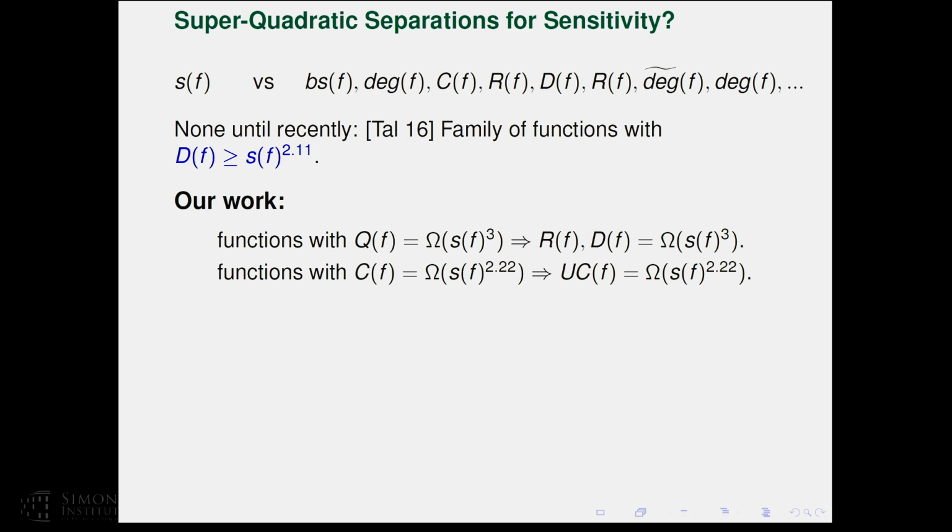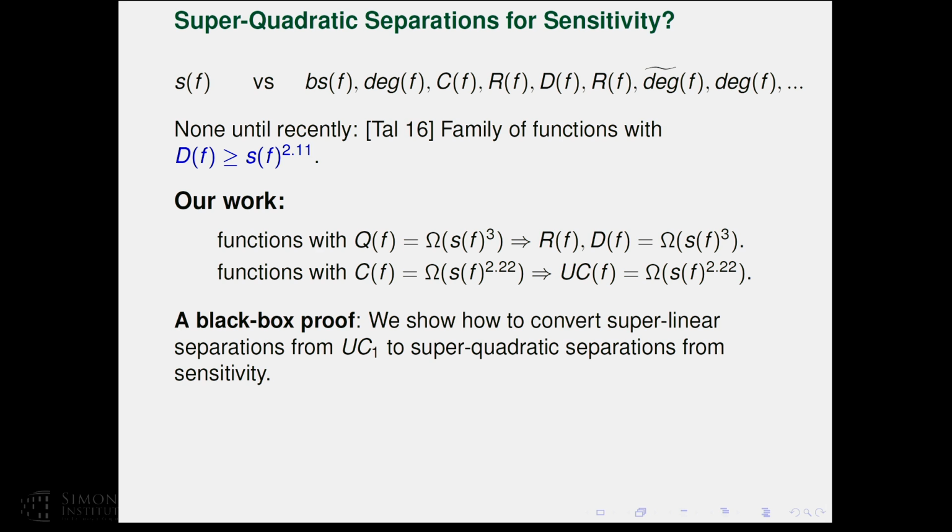So what is cool about the proof is that I can probably tell you the whole proof in less than 10 minutes. It's a black box proof that tells us that if you give me any separation of a one-sided version of unambiguous certificate complexity from any measure, I can plug it into our theorem and I get a superquadratic separation of sensitivity with that measure.